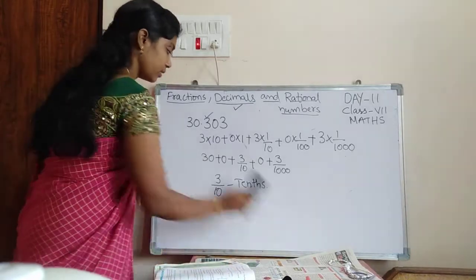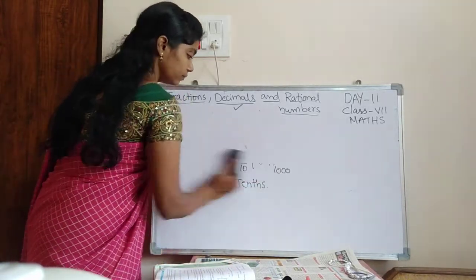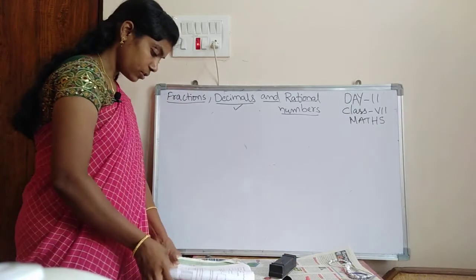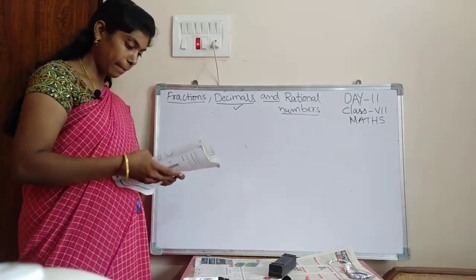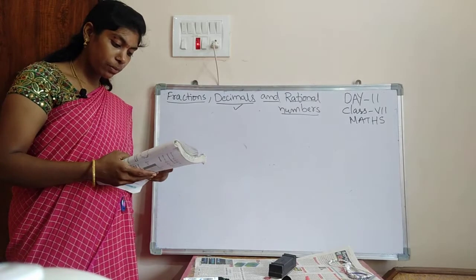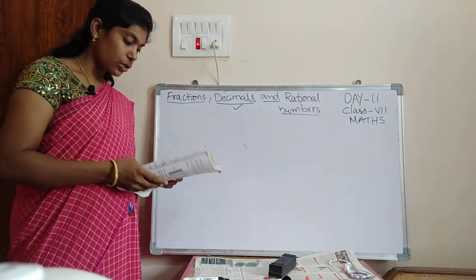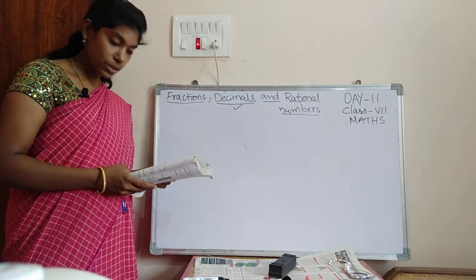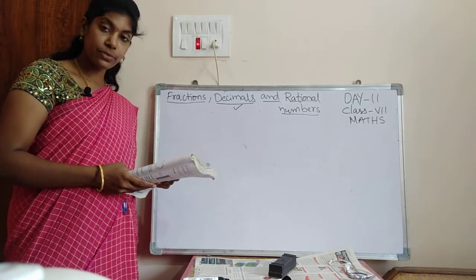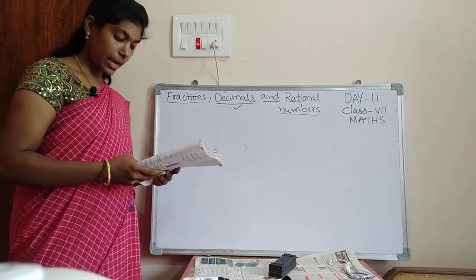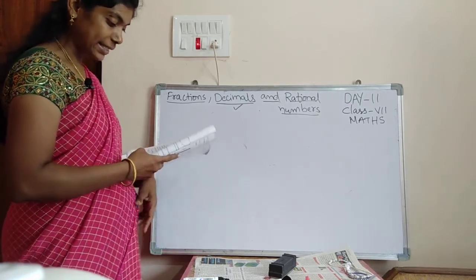Now we will see one word problem. Upendra went to the market to buy vegetables. He bought 2 kg 250 grams of tomatoes, 2 kg 500 grams of potatoes, 750 grams of lady's finger, and 125 grams of green chilies.